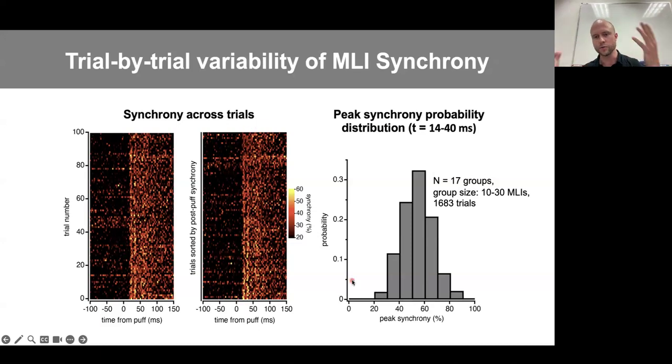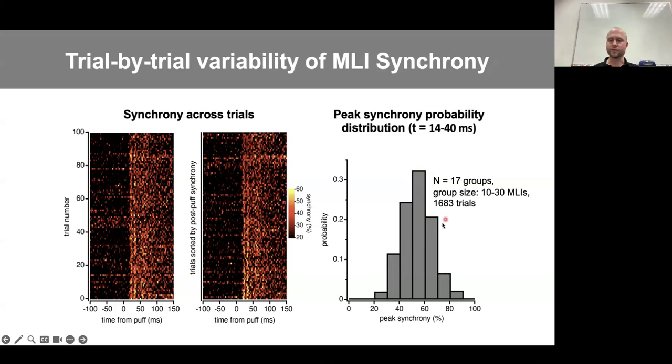And if we do that across all recorded groups, I looked at 17 groups of cells, and the group size is around 10 to 30 MLIs. We've got about 1,700 trials here. If we look at the peak synchrony across all those trials, we can get a peak synchrony probability distribution within this time window, 14 to 40 milliseconds. And what we find is that approximately on average, there's 50% synchrony on a given trial, although it can be lower and higher than that.